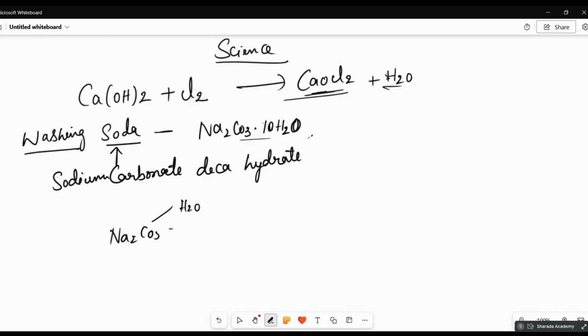Every Na2CO3 has made a bond with 10H2O molecules like this, that is why we write like this. Here it is not like that; just CaOCl2 plus H2O is mixed with it, not bonded. So this is sodium carbonate decahydrate, which is the washing soda we use.